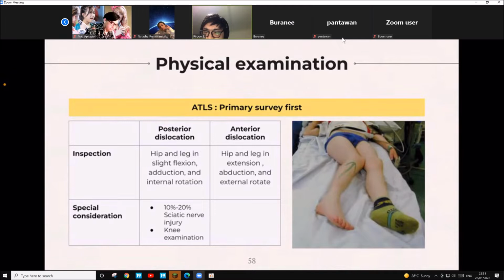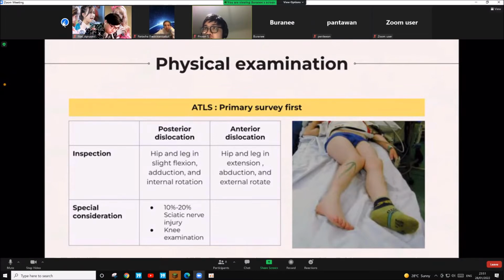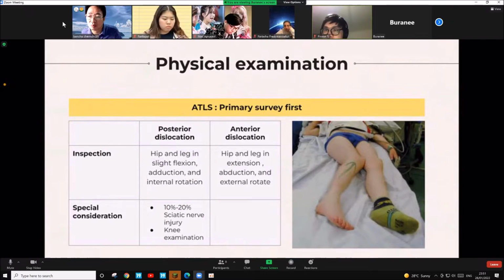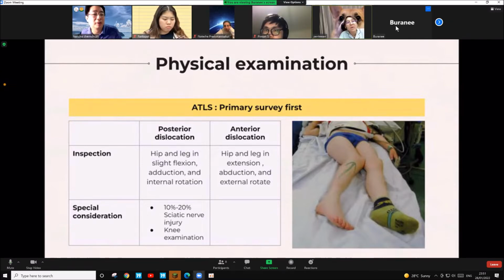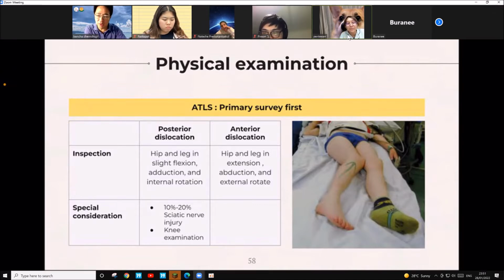So how about the anterior dislocation? Hi. The anterior dislocation, what is the nerve at risk? Which nerve is in the front?